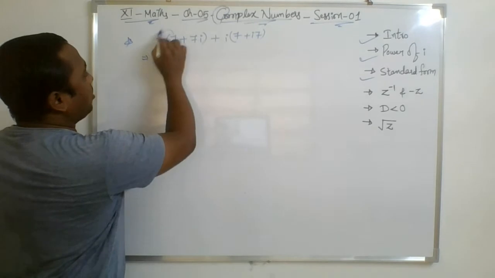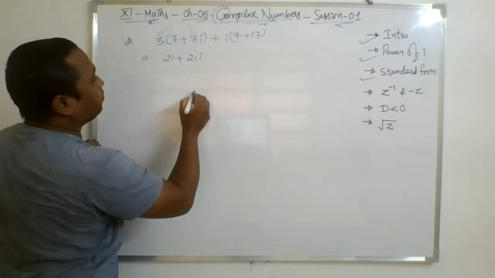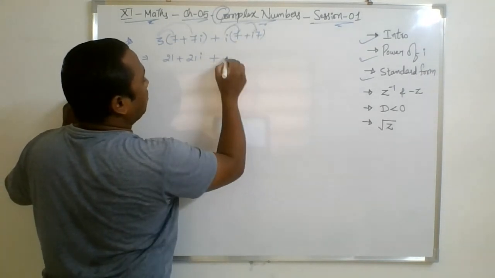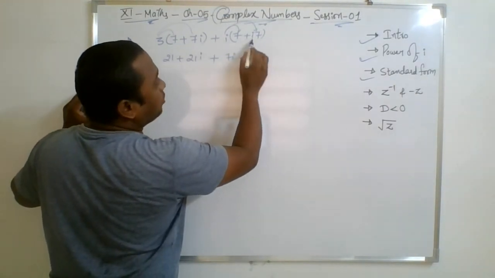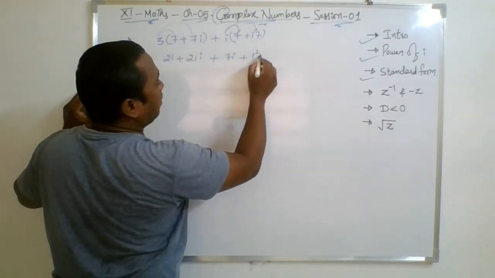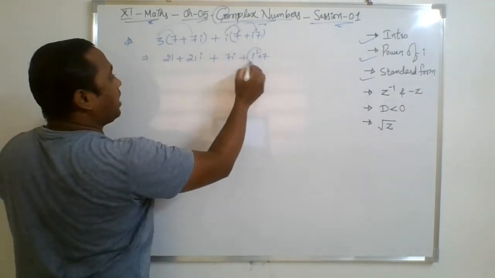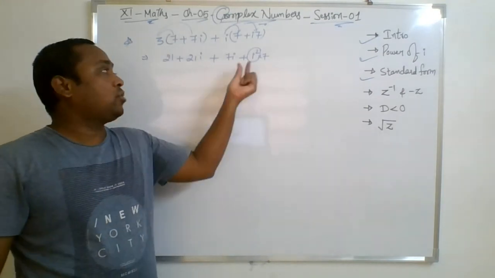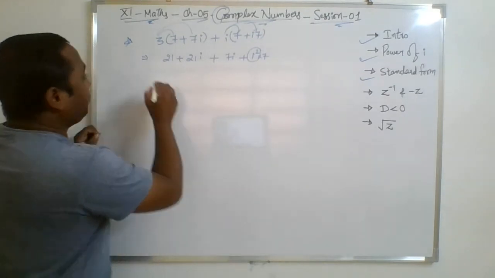What you will say here? 21 plus 21i, and multiply with i over here. So 7i plus i into i, that is i square, into 7. And wherever here i square, i cube, i power 4 will come, you need to substitute their values.